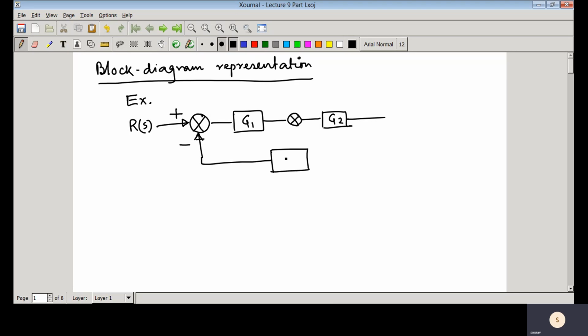The feedback path gain is H1, transfer function H1. So in all cases those are G1 of S, G2 of S, H1 of S. And here you have that output YS. This is one summer plus, and here another signal is entering, that is DS.